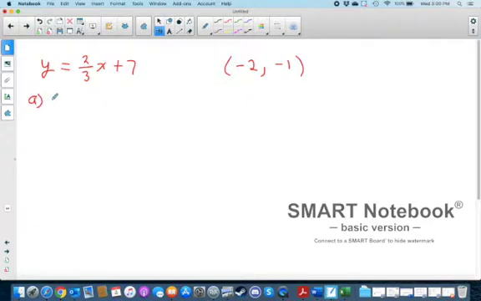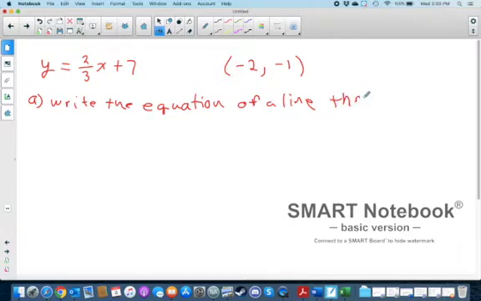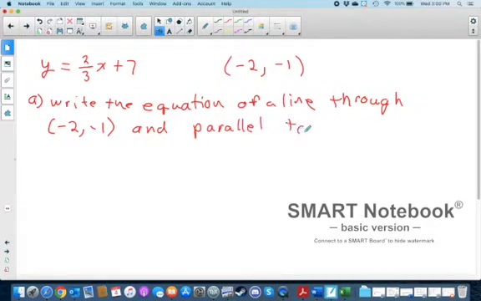Let's first write the equation of a line through the point (-2, -1) and parallel to y equals 2/3 x plus 7.